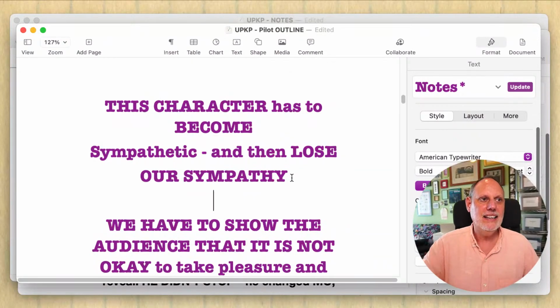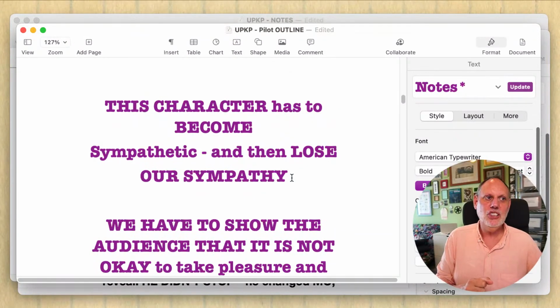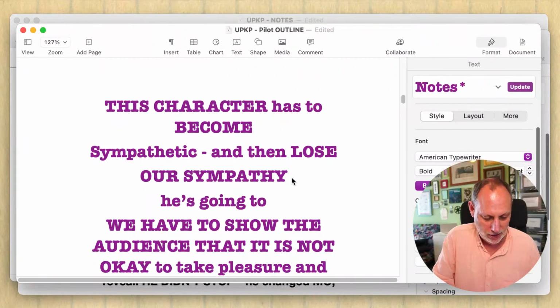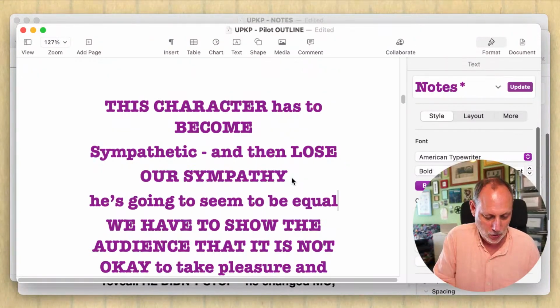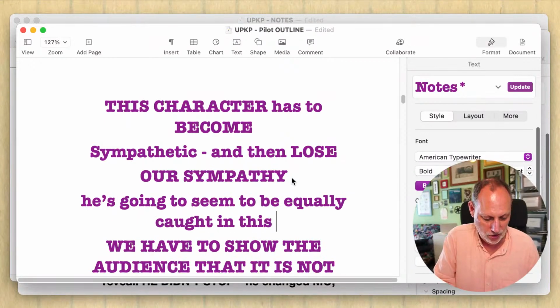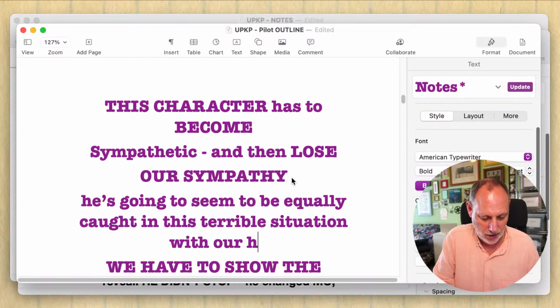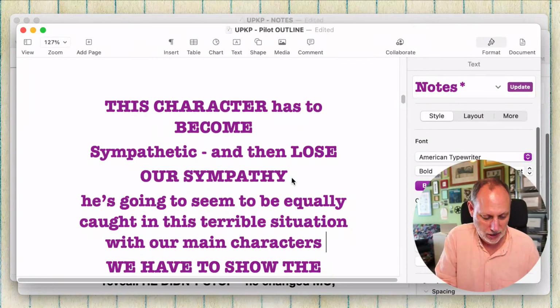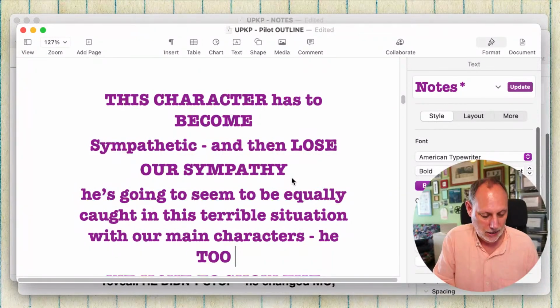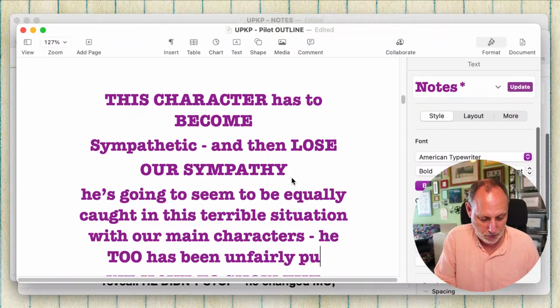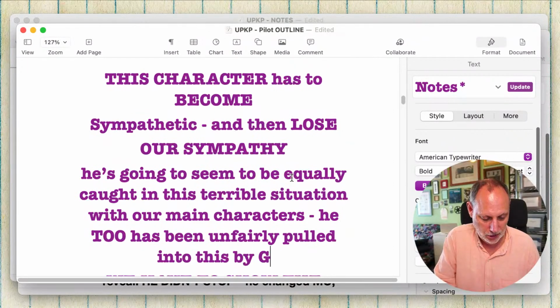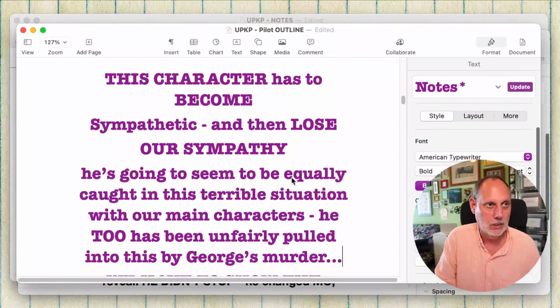And then just when we're starting to feel like he's one of us, when he's part of the team, he's going to seem to be equally caught in this terrible situation with our main characters. He too has been unfairly pulled into this by George's murderer.